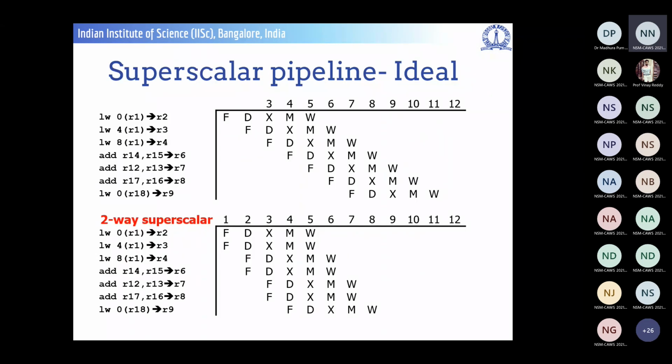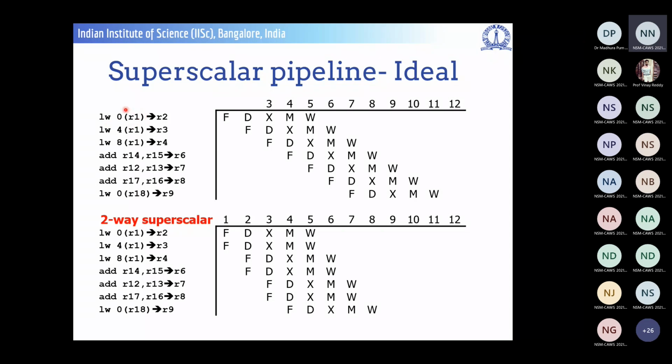Let's take an example, and we'll put side by side the first picture over here. Here we are showing what happens in a baseline scalar pipeline. These are the execution cycle counts, these are the different stages an instruction goes through, and this is the instruction stream that you are asked to execute. The instruction LW is loading a word.